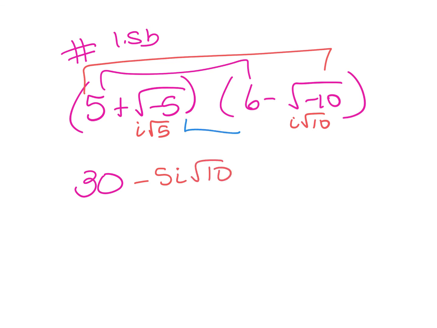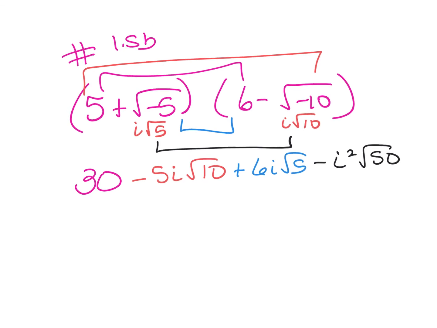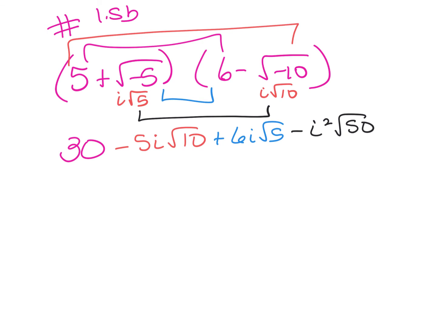And then inside is going to be positive 6I radical 5. And then last, I'm going to get negative I squared and then radical 50. But I'm going to have to break down that 50. And I could break the 50 into 25 and 2. So 5 radical 2.